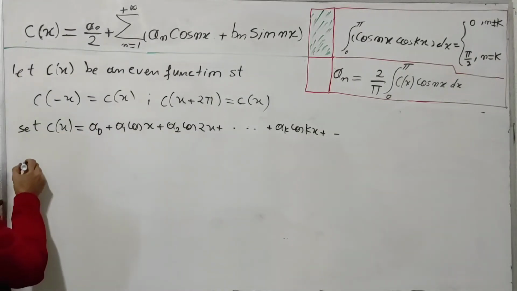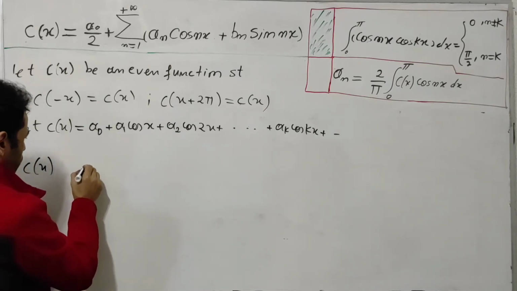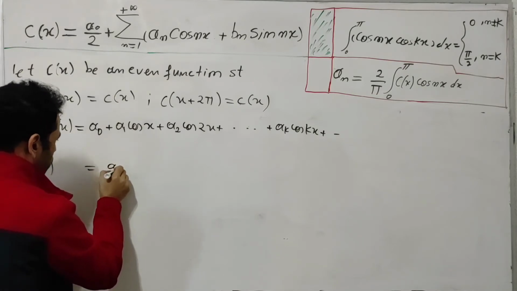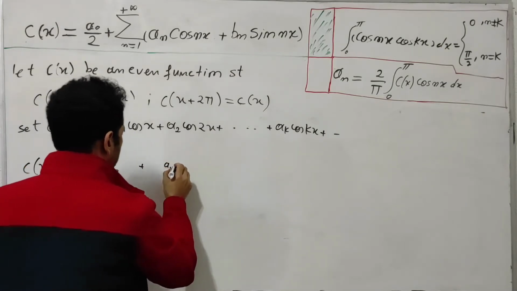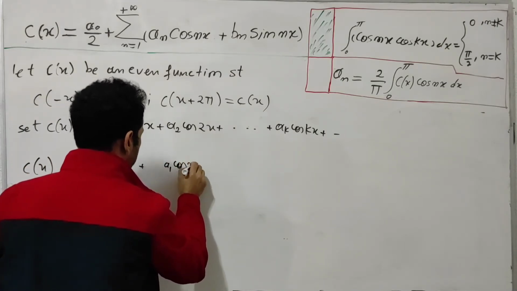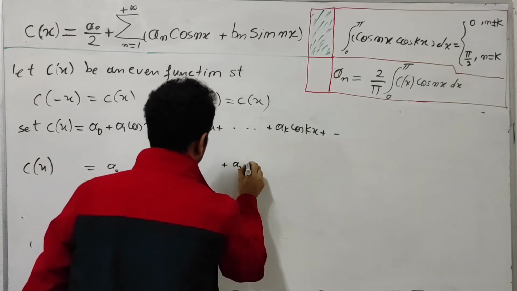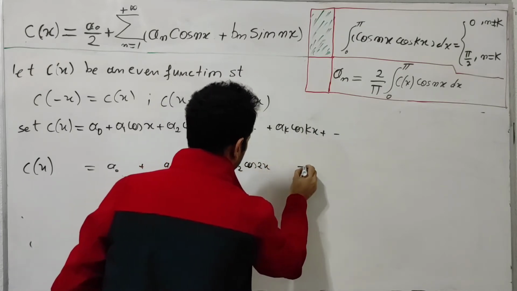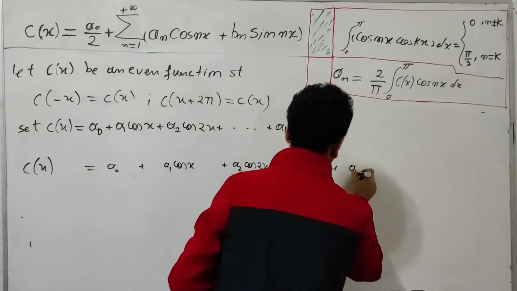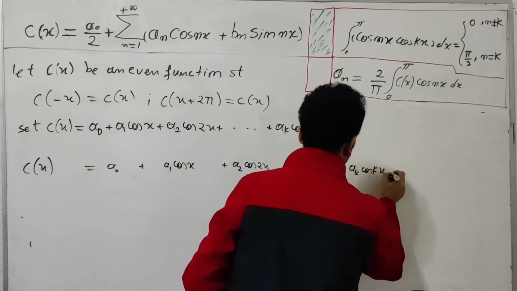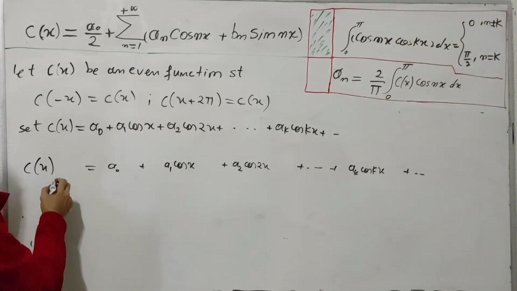So I will write c of x equal to a sub 0 plus a sub 1 multiplied by cosine x plus a sub 2 multiplied by cosine 2x, and so on, up to a sub k multiplied by cosine kx. Multiply both sides by cosine kx.